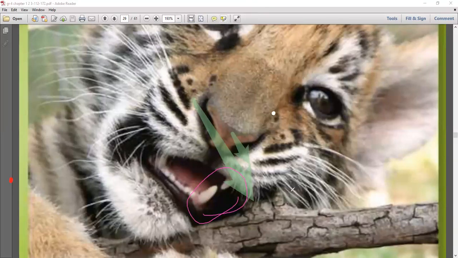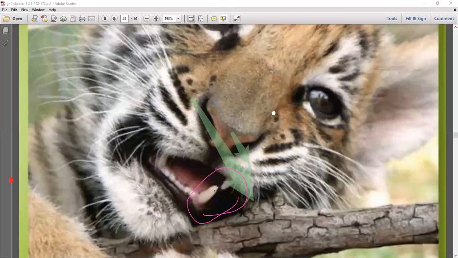Ahmad Walid, can you tell us what you see in this picture and how the sharp teeth and the claws can help this animal survive in its environment? There is a tiger.